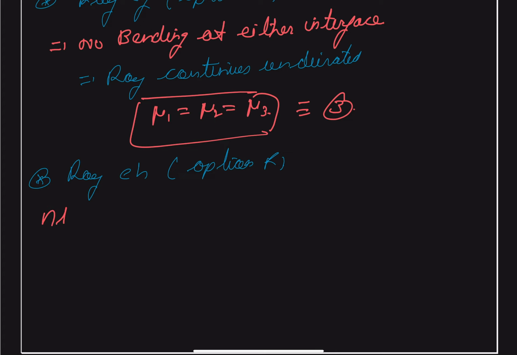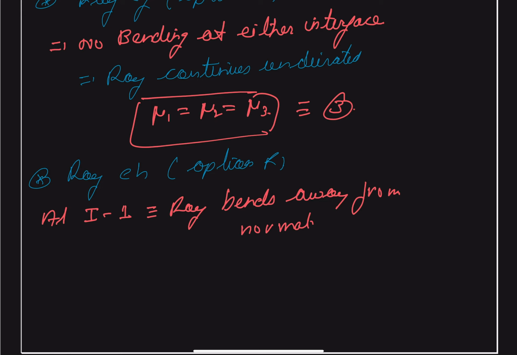So at interface 1 the ray bends away from the normal. So therefore our mu2 is less than our mu1.